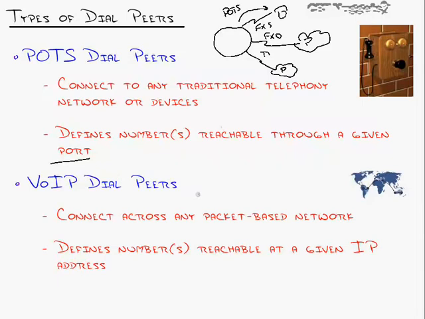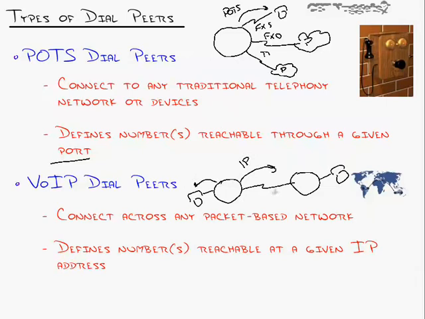Voice over IP dial peers, on the other hand, define connectivity across any packet-based network, any IP communication. We know we're using voice over IP when we're defining numbers reachable at a given IP address. So take the scenario that I showed just a moment ago on those call legs. We had 2 phones that had our port, our FXS connection, our POTS dial peer, but in the middle we had this IP communication.